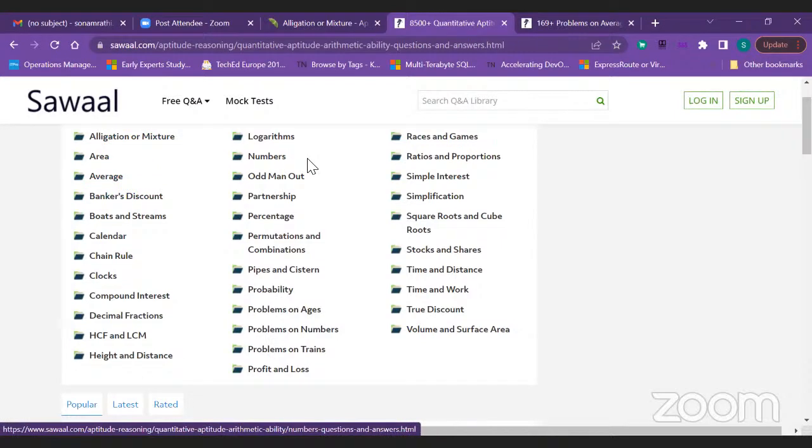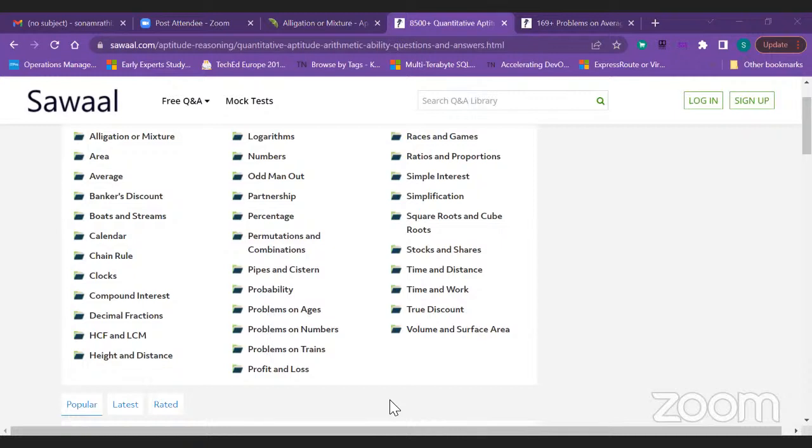We have done numbers also, ratio and proportion also. So you guys have to do the practice part. I can teach you concept, logic, techniques, formulas, but then practice is on you. You have to do the practice.